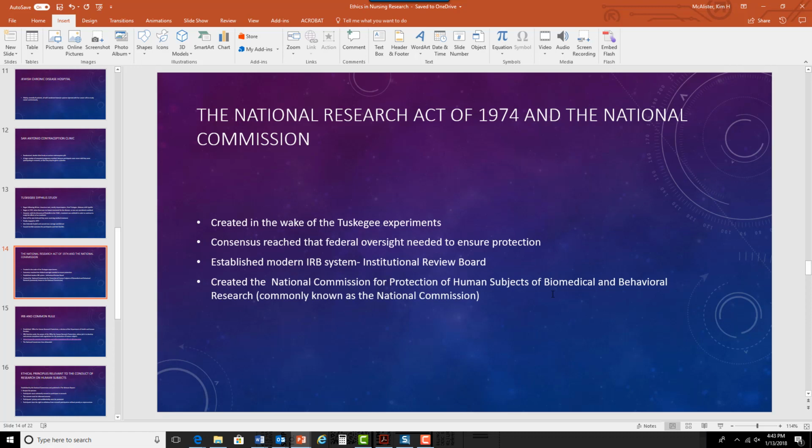The Institutional Review Board is a board that will review human research to make sure it is ethical. College campuses all across the country that participate in research have an IRB, or they may call it something different, but it is an institutional review board.